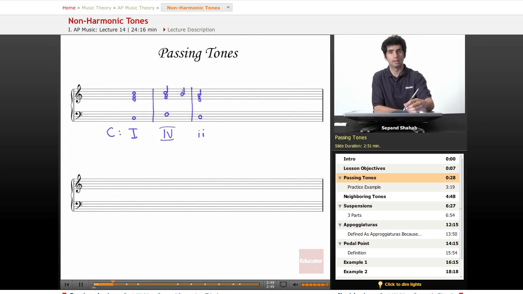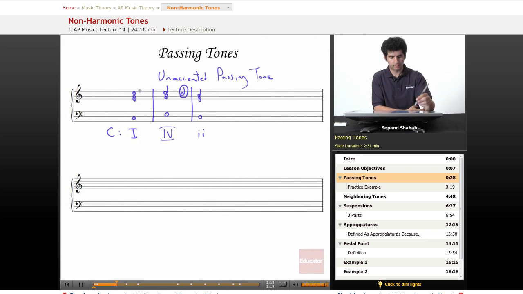So this would be happening not on an accent. So let's put that, let's say, here's an unaccented passing tone. So again, a passing tone, and you can circle the non-harmonic tones, are often moved by step and fill in the interval of a third.